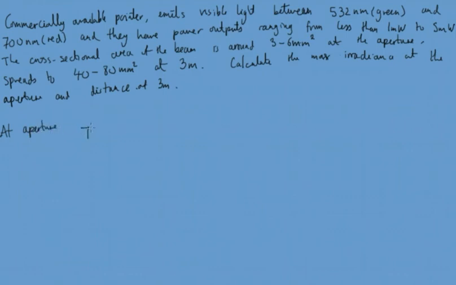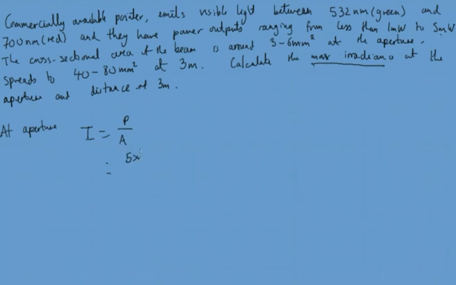So we know that irradiance is equal to the power over the area. For the maximum irradiance, we want to choose the maximum power available, which is 5 milliwatts.